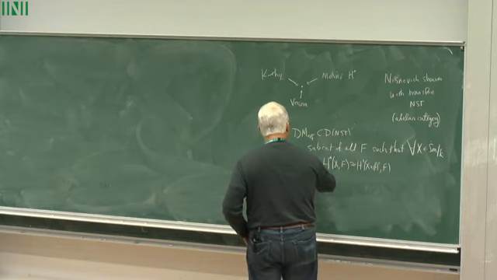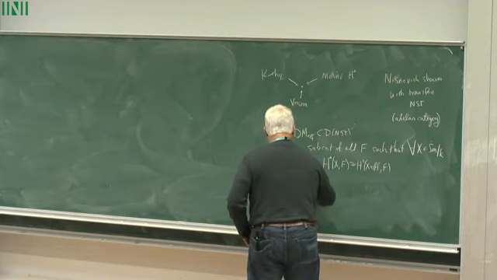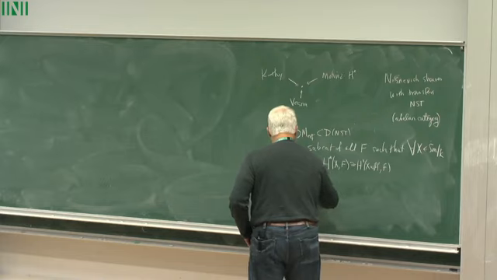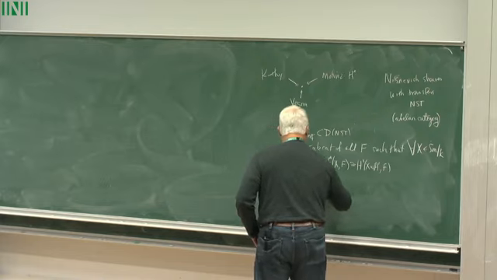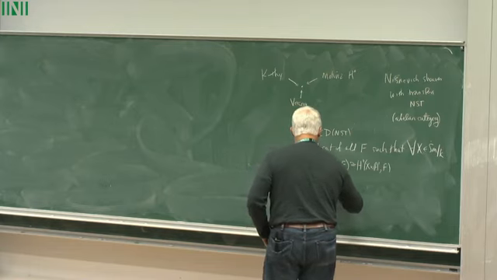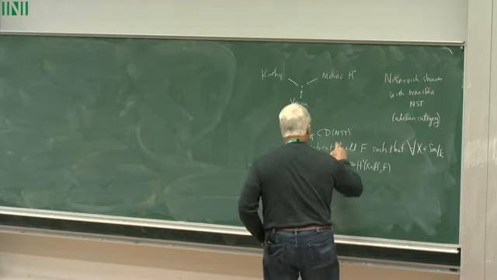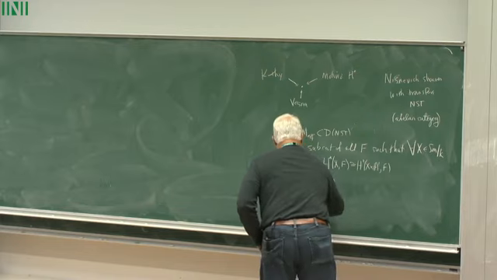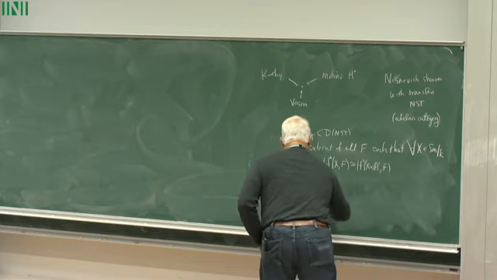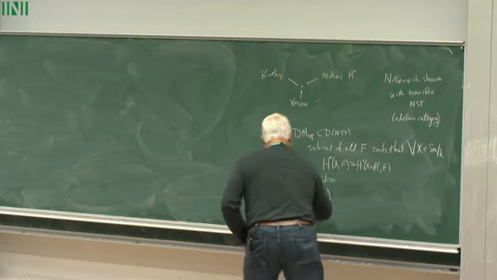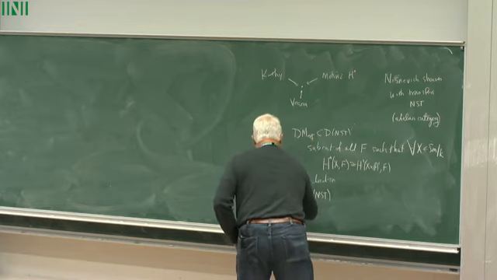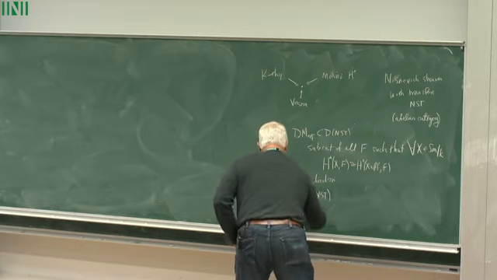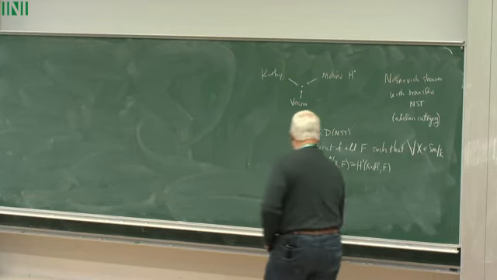Now, there's also a localization. So you take the derived category of the Nisnevich sheaves with transfers. Inside of here you have DM effective, and there's a localization map going backwards.